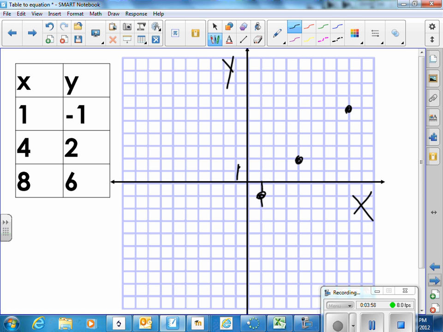Well, going from this point to this point, I go up 1, 2, 3 over 3. So 3 over 3, that's the same as 1. Well, that makes sense. Up 1 over 1, up 1 over 1, up 1 over 1. That's the same slope.